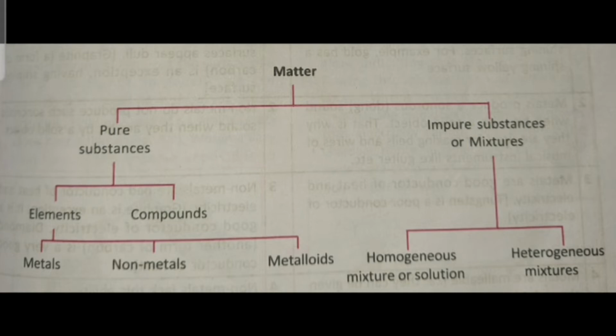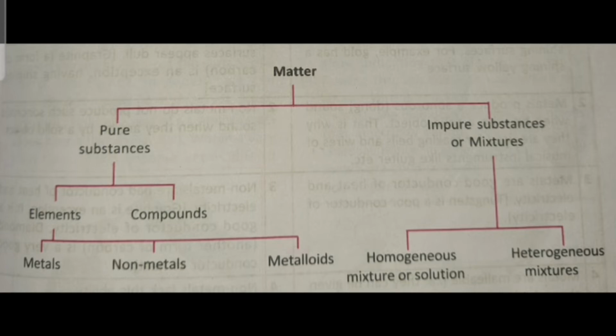So now we have learned what is matter and what is volume, these two definitions. This type of experiment we can repeat with almost all matter. Here you can see that matter can be classified as pure substances and impure substances.